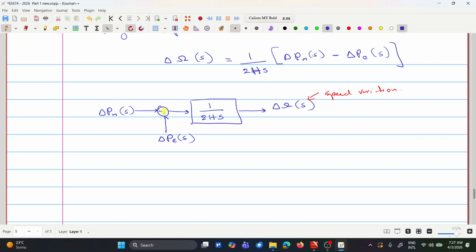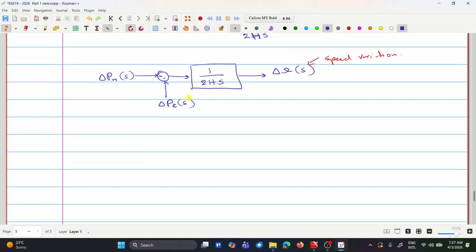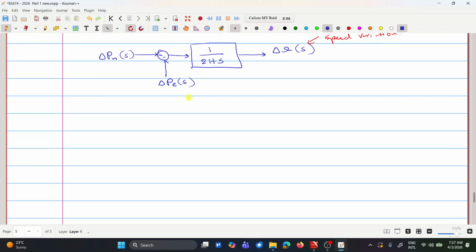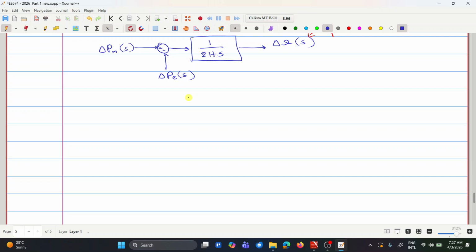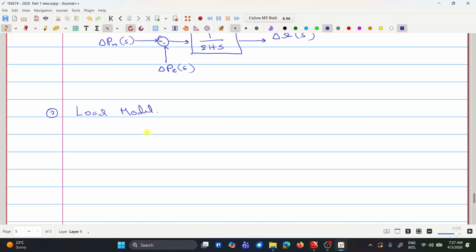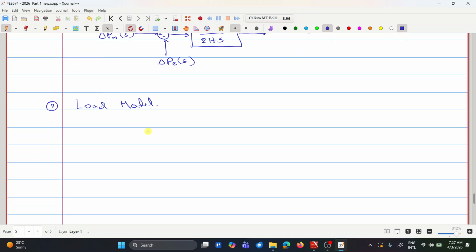And so we will go one by one, and then we will combine all these models to represent the total effect, and then we will consider having many generators and so on. So then the second one, we will model the load for our study.